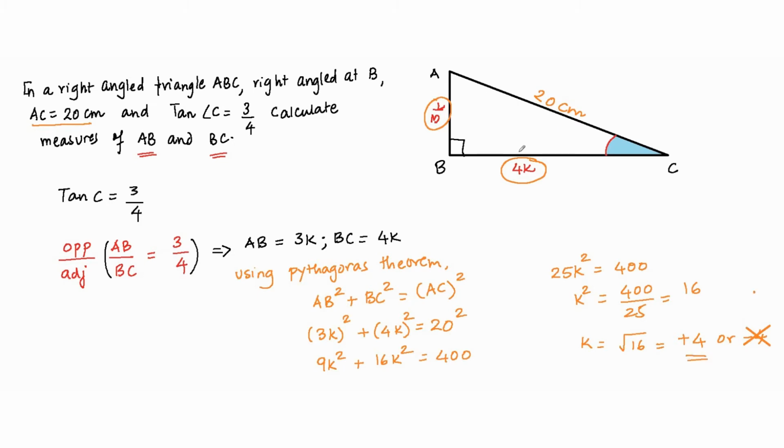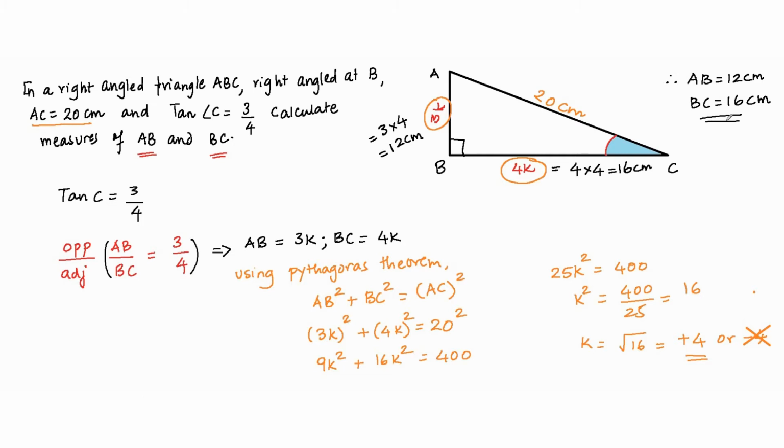So this means BC is going to be 4 multiplied by 4, which is 16 centimeters. And AB is going to be 3 multiplied by 4, which is 12 centimeters. Therefore, the length of AB is 12 centimeters and the length of BC is going to be 16 centimeters. This is how I can find the lengths of AB and BC.